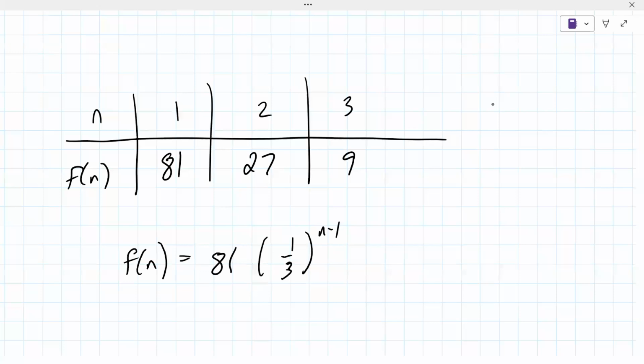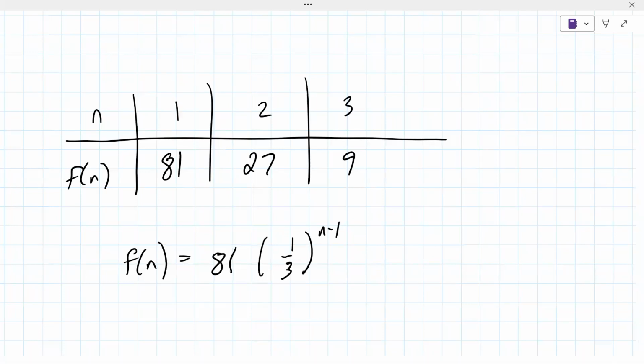Make sure you put that f of n in front. Any questions, thoughts on that? Okay.